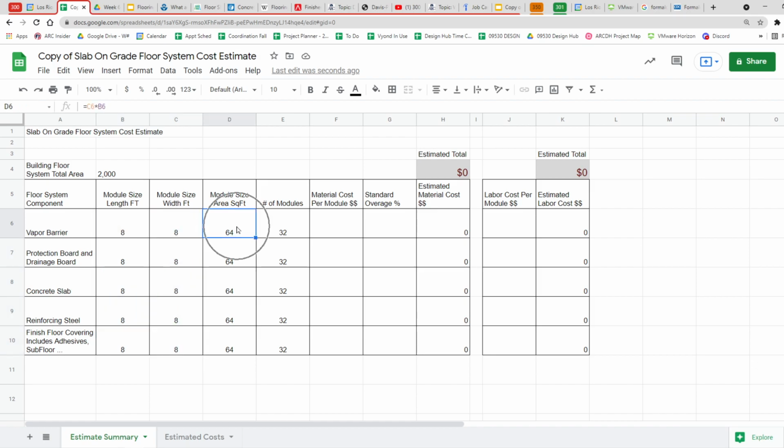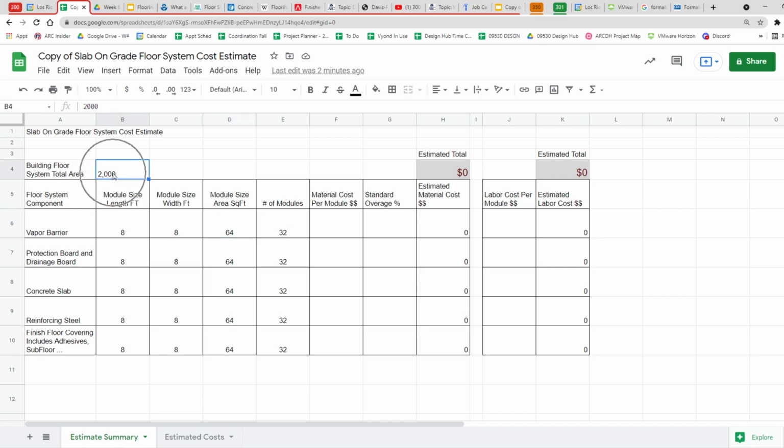And so my module size is length times width, right? Area is length times width. And so in this column here, I put length times width. And then I just copied that down. Now, how many modules is it going to be?